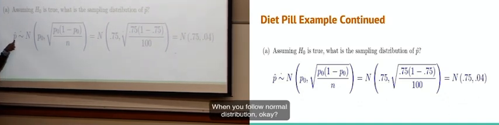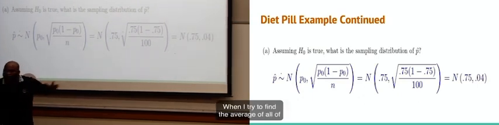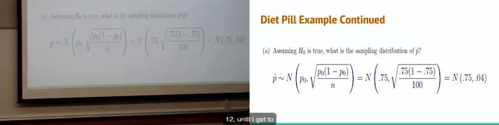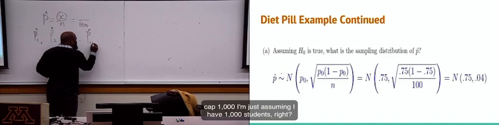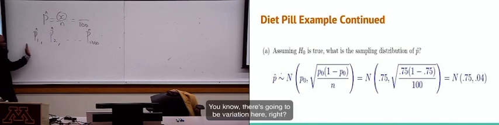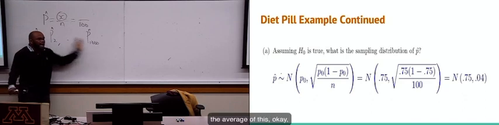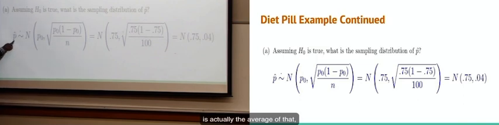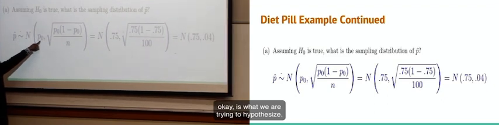When I try to find the average of all of what you got, like P cap 1, P cap 2, until I get to P cap 1,000, I'm just assuming I have 1,000 students, and there's going to be variation here. The mean of all of this, the average of that, is what we are trying to hypothesize.